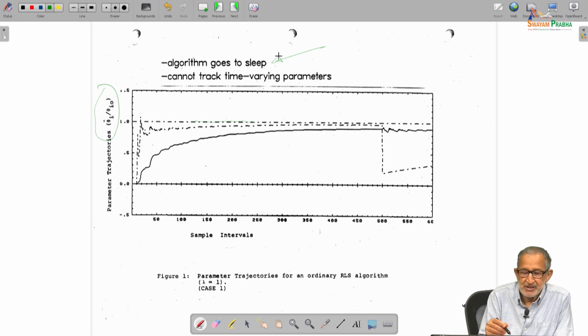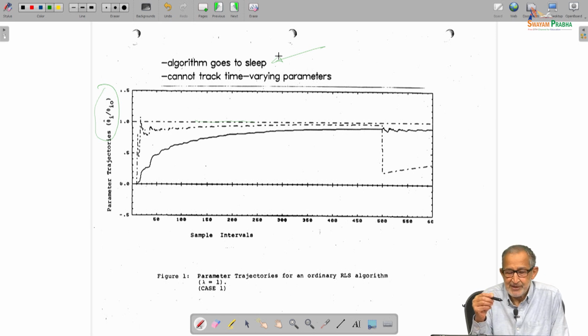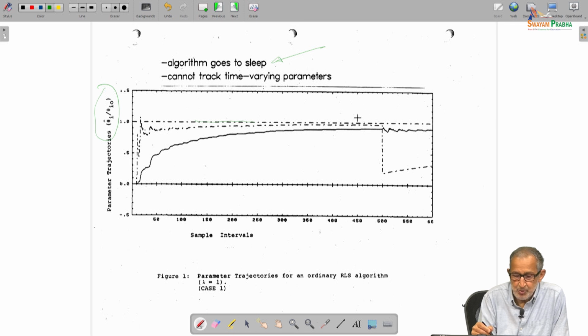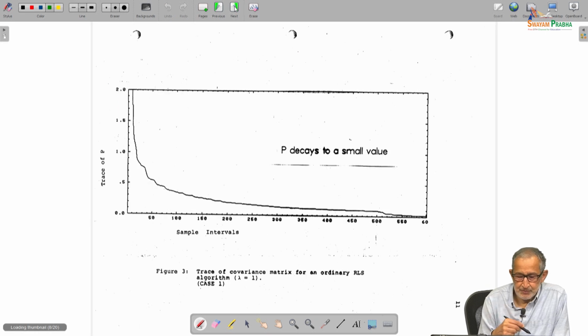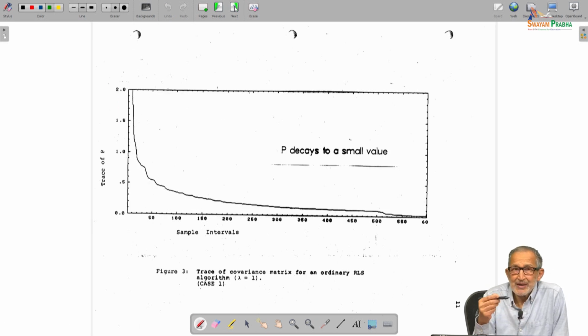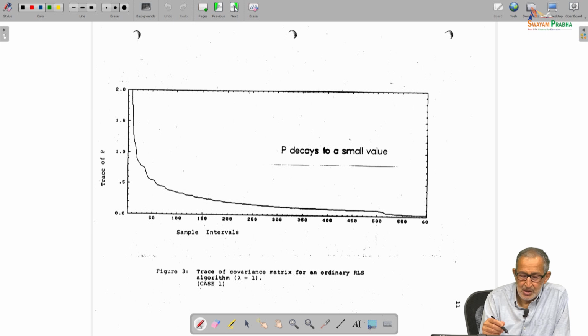The algorithm cannot track time varying parameters, and our parameter changes from b equals 0.1 to 0.5, and there is a big gap here between the true value and the estimate. So what can we do? The reason why the algorithm cannot track the values is because the covariance matrix P decays to a very small value.